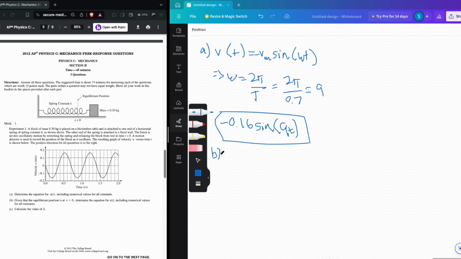Part B asks us to find the equation for x of t, and that would just be the integral of the equation above.